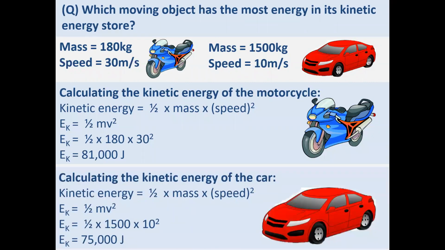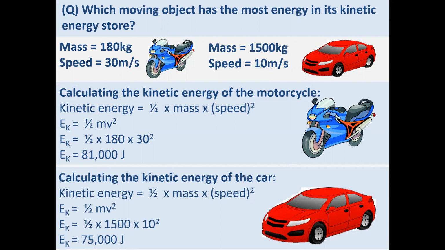Now for the car, the kinetic energy would be calculated again as 0.5 times 1,500 kilograms times 10 meters per second squared, and that would give a kinetic energy of 75,000 joules.